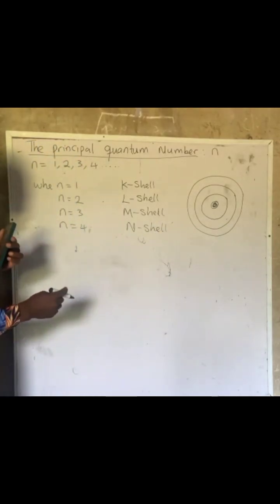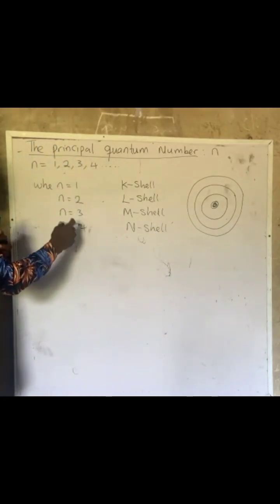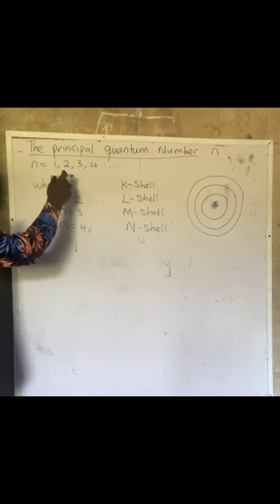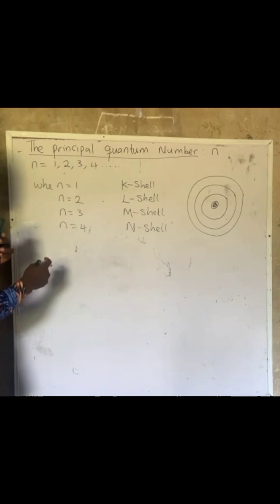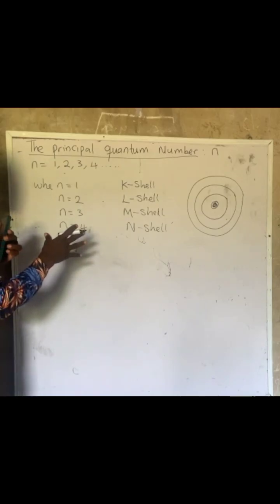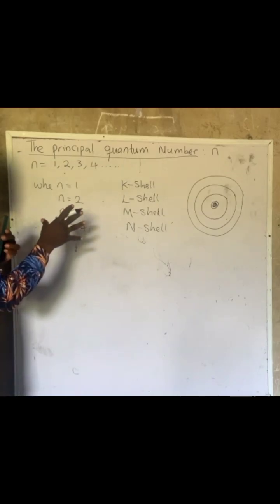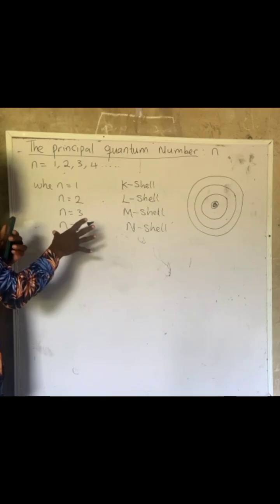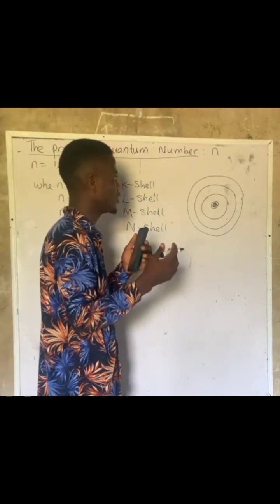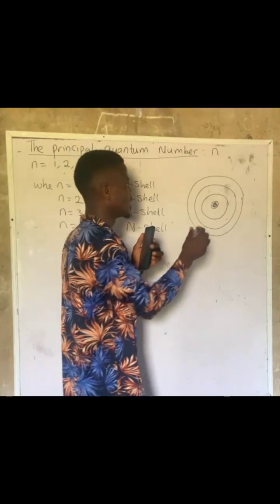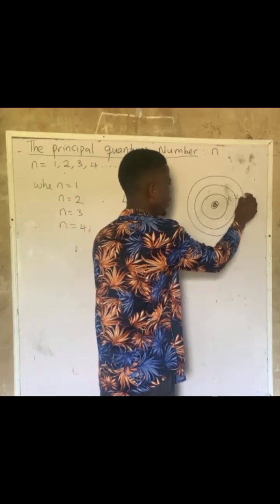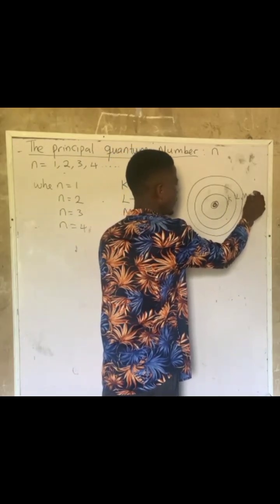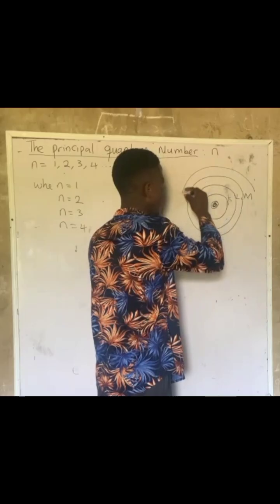Therefore, N starts from 1 up to 4. So this is the first quantum number. The closest shell to the nucleus of an atom is called the K shell, followed by the L shell, M shell, and lastly the N shell.